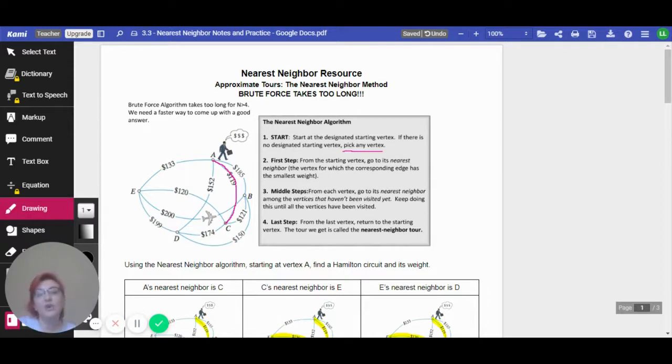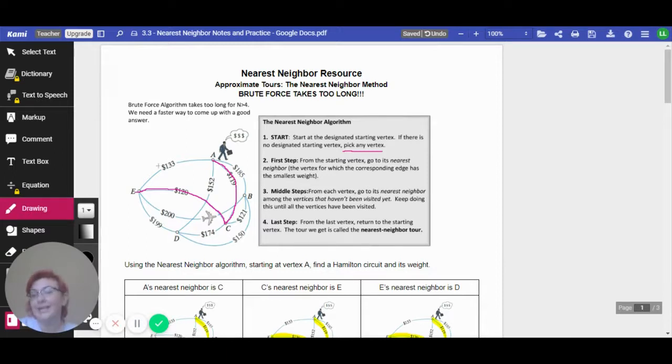Next, we're going to go to the next nearest neighbor. So from C, I'm going to look and say, all right, I've got 120, 174, and 121. I'm definitely traveling 120. All right, now I'm going to keep going until I reach every vertex that hasn't been visited yet.